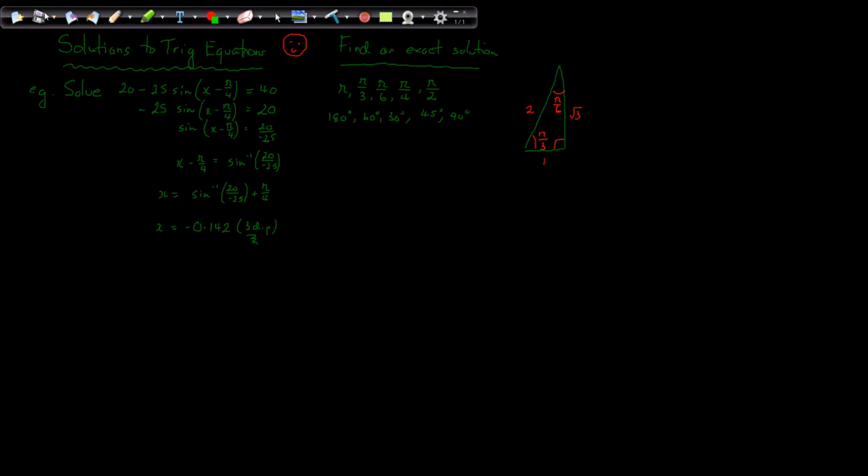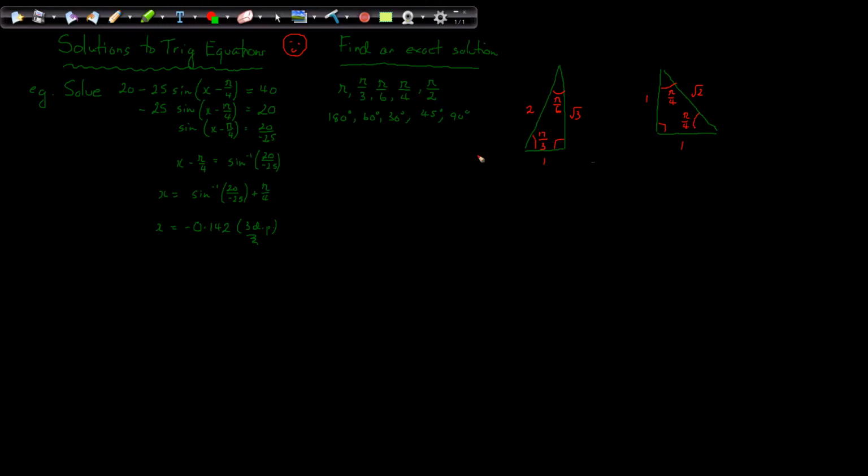And then the other special triangle has those pi over 4 angles in them. So approximately, let's draw it like that. So this is 1, 1, square root 2, and these angles here pi over 4 and pi over 4.